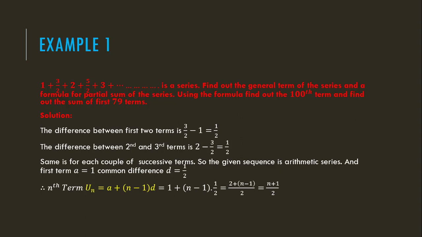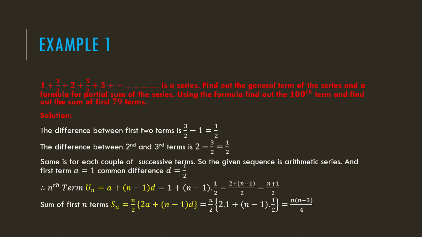Look here, we have used the formula for the general term, or nth term, of an arithmetic series, which is un equals a plus (n minus 1) into d. If you don't know the formula, you cannot calculate this easily. You can do it, but it will be very difficult.